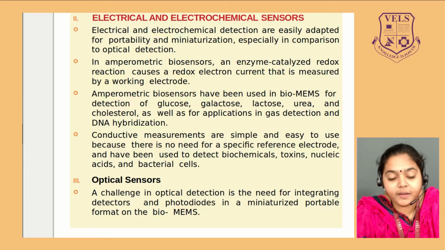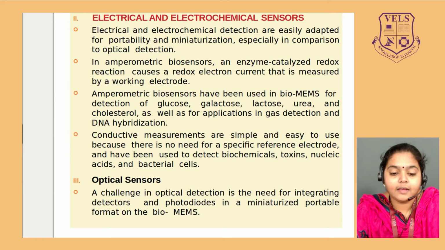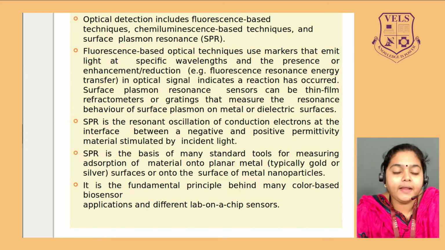Next comes the optical sensors. A challenge in optical detection is the need for integrating detectors and photodiodes in a miniaturized portable format on the biomems. Optical detection includes fluorescence based techniques and surface plasmon resonance.